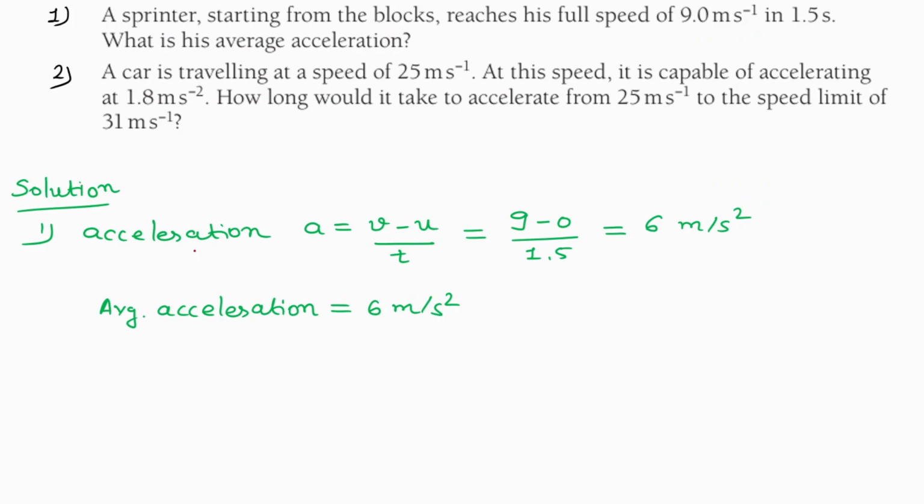Now, question number two says a car is traveling at a speed of 25 meter per second. At this speed, it is capable of accelerating at 1.8 meter per second square. How long would it take to accelerate from 25 meter per second to the speed limit of 31 meter per second?